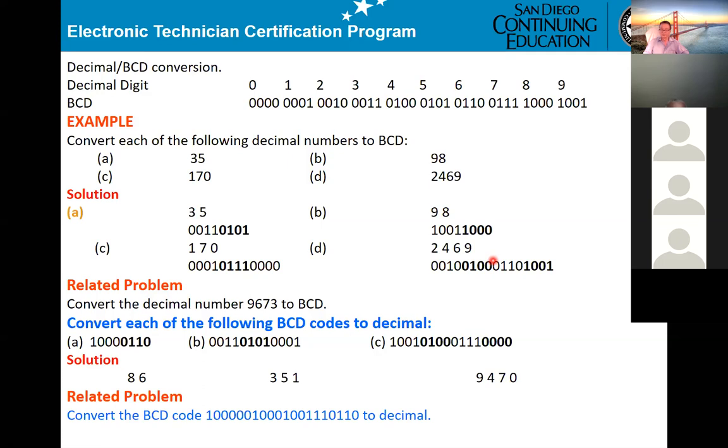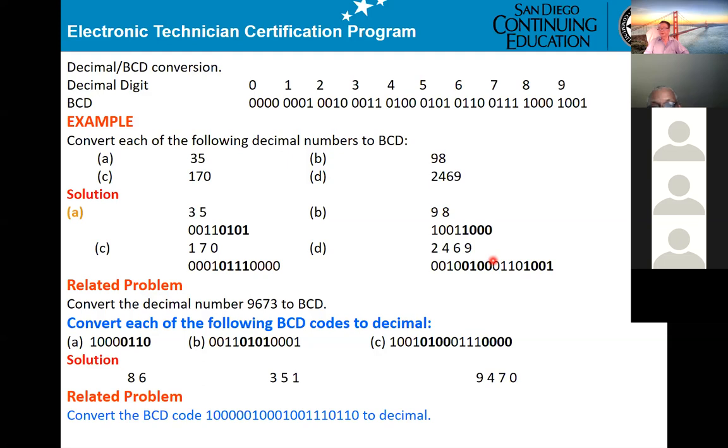Hey, Mr. Pham. I was just going to ask, is it okay? I always go from right to left, and the reason I do that is because of the formula 2 to the n: you start at 2 to the 0, 2 to the 1, 2 to the 2, and so forth.